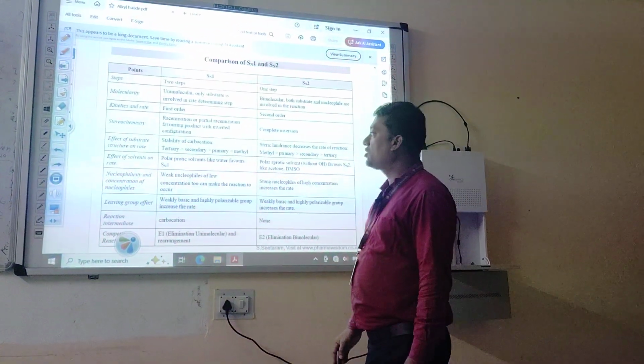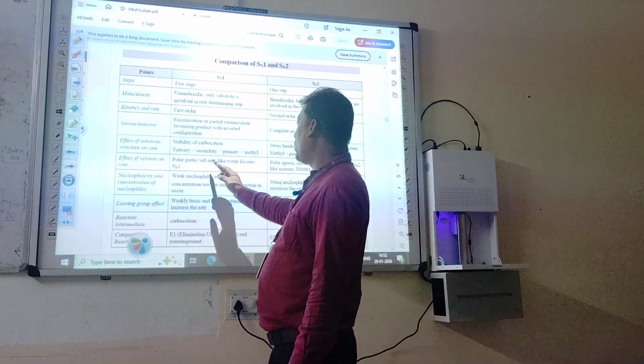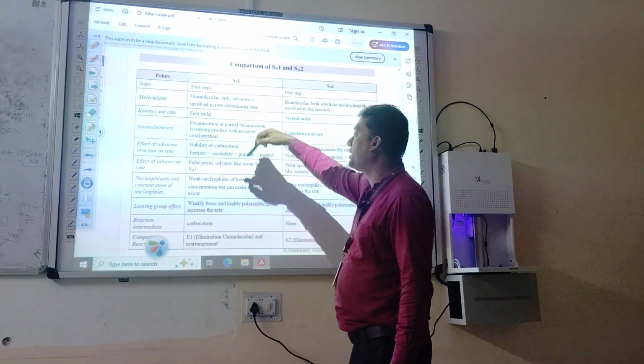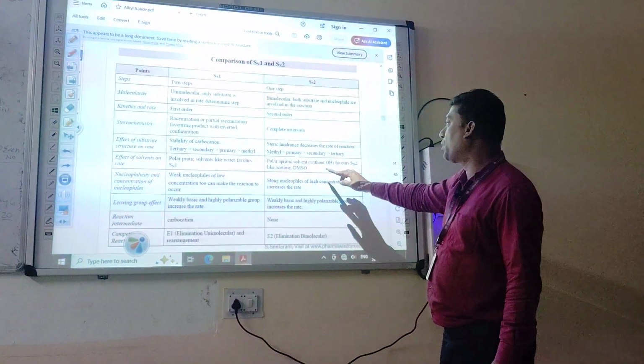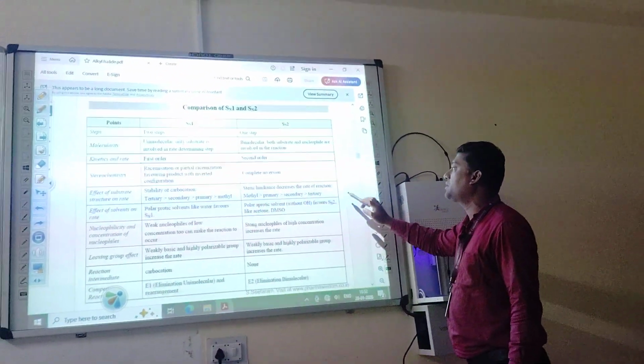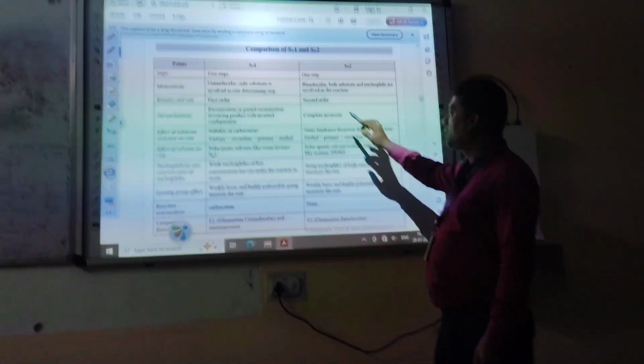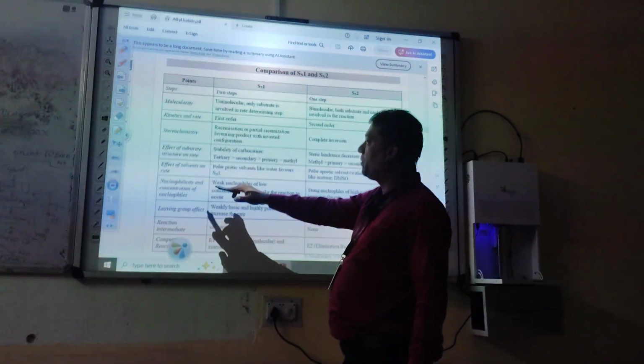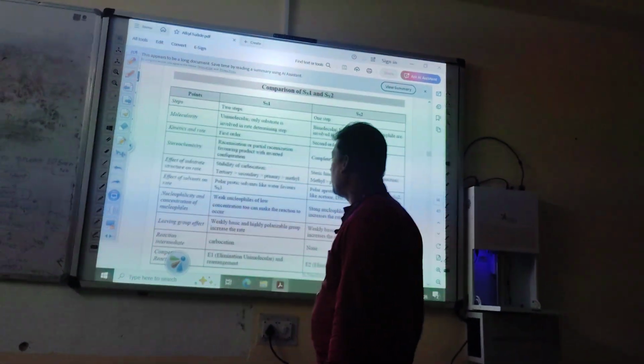Then solvents: polar protic solvents like water favor SN1, but polar aprotic solvents without OH, like acetone, favor SN2. Then nucleophilicity and concentration of nucleophiles.